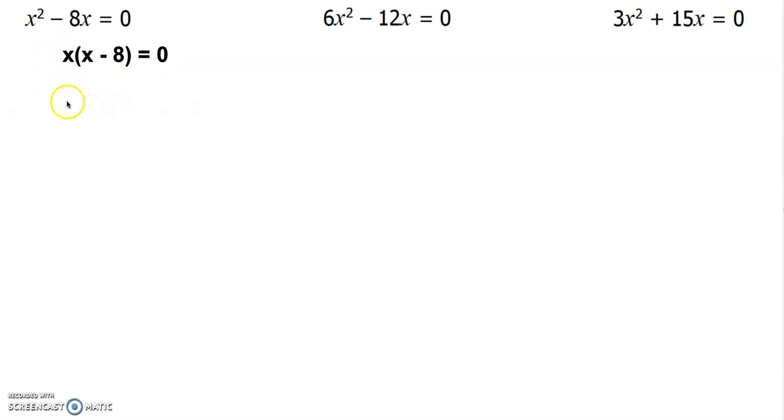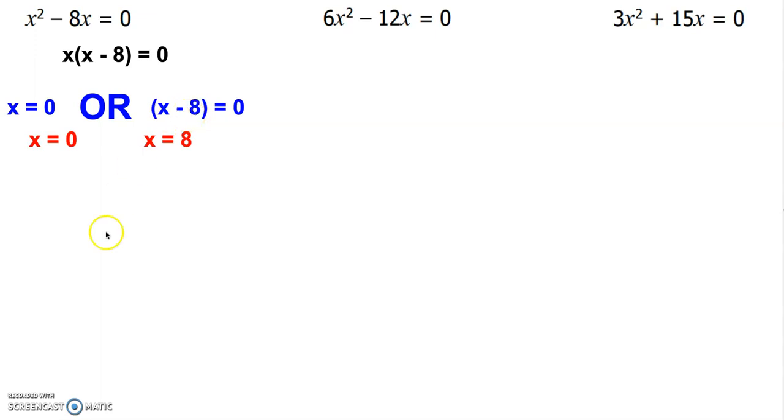We still have the first factor that's x, and we have the second factor that's x minus 8. So either x is 0 or x minus 8 is 0. There's no solving to do on that left-hand side. And we add 8 to both sides and we get 8. So our solution is 0 or 8.